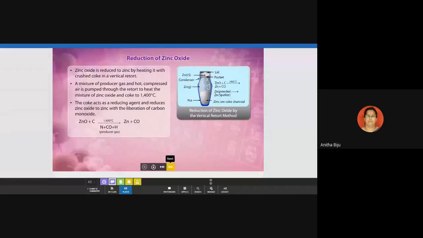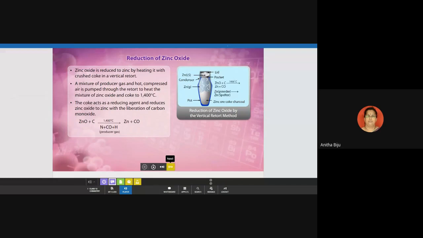It is a vertical retort. See the shape? It has a pear-shaped arrangement. So the process is similar, but the apparatus is different. Zinc oxide is reduced to zinc by heating it with crushed coke in a vertical retort. This is the apparatus. A mixture of producer gas and hot compressed air.